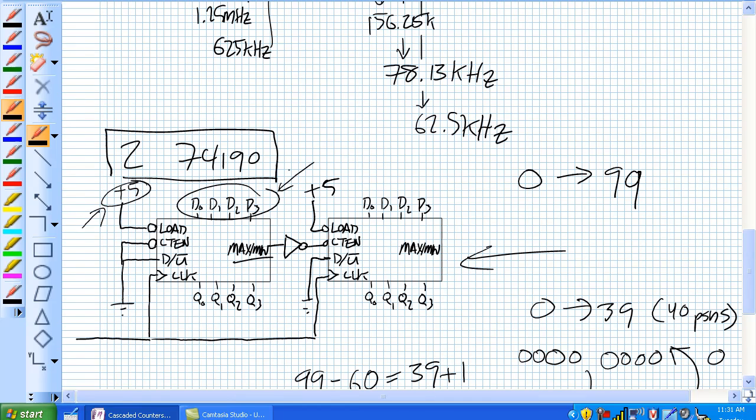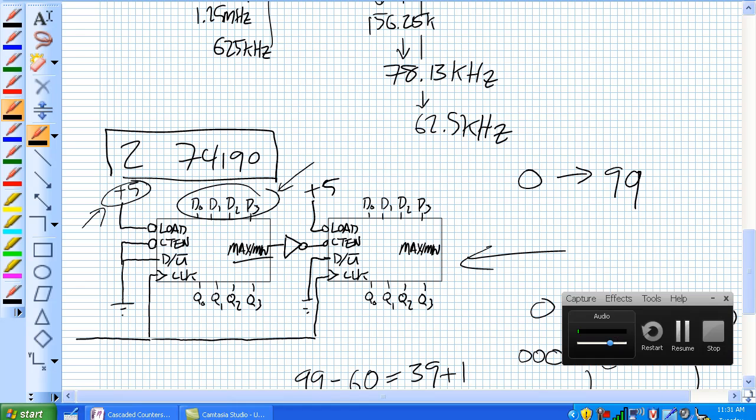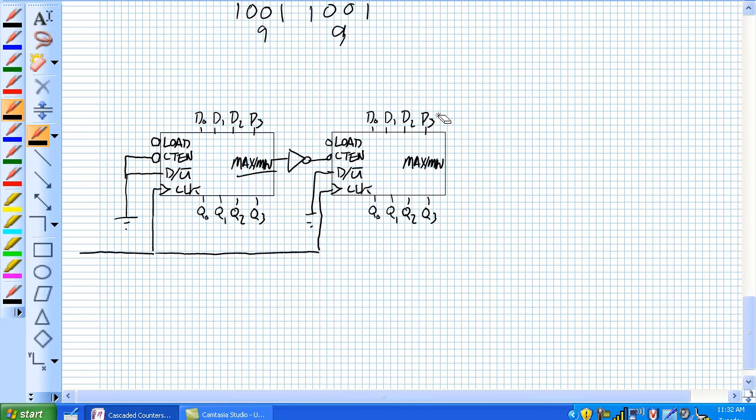So I'm going to go ahead and redraw this diagram below with a 60 hanging on the data inputs. The high order is going to receive a 6, and we're reading MSB to LSB.